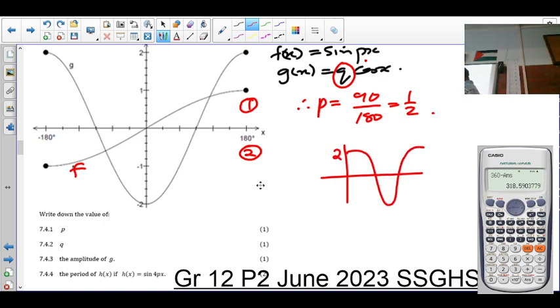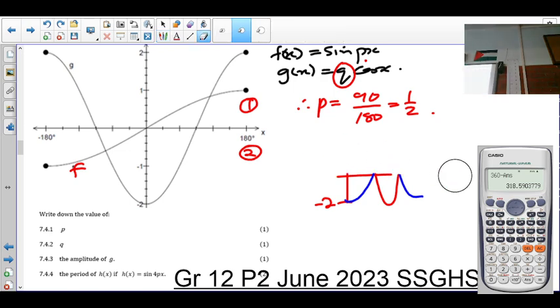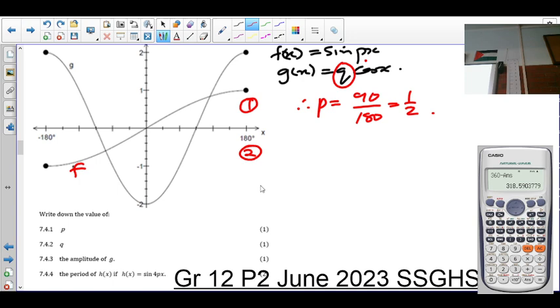So if that was 2 and minus 2, then the amplitude or your Q value would have been 2. But because the graph is starting at its minimum and going up to its maximum, this graph has to be negative because it's reflected in the x-axis. So your Q value is going to be minus 2.